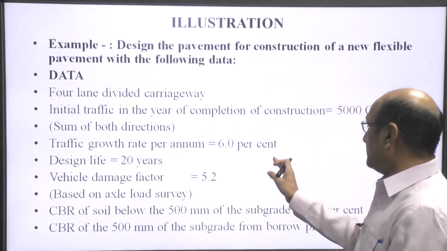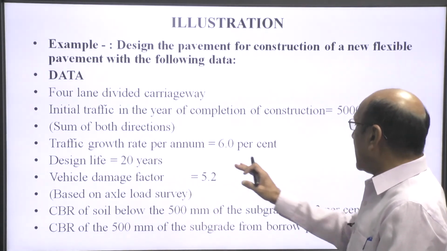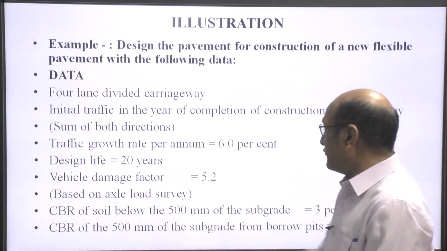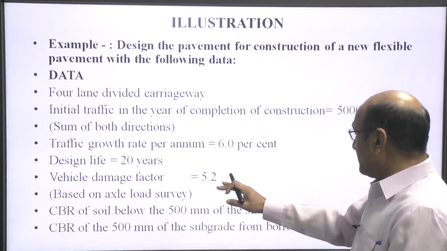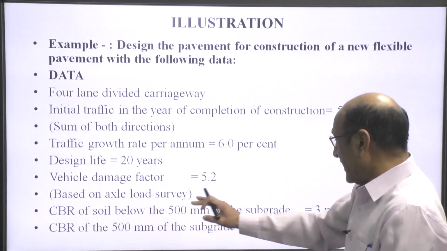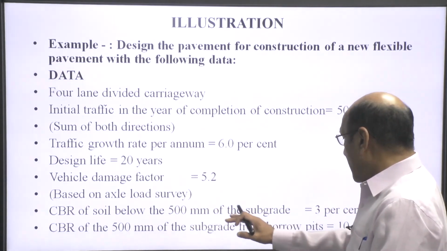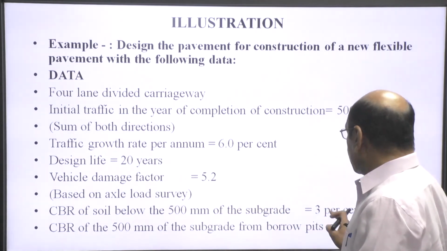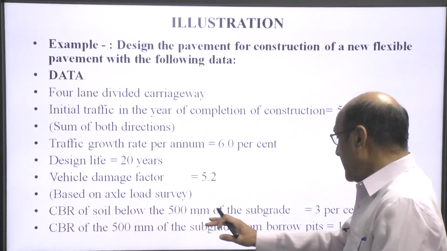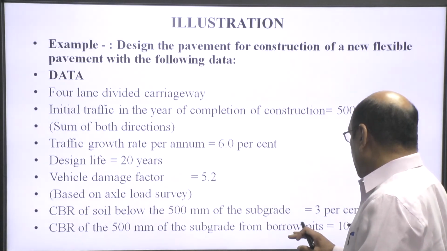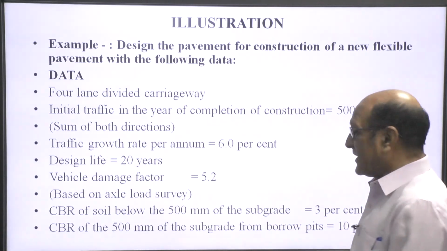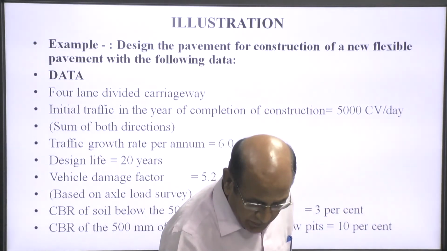The growth rate has been given as 6%, design life is 20 years, vehicle damage factor 5.2 based on the axle load survey, CBR of the soil below 500 mm subgrade is 3%, CBR of 500 mm of the subgrade from the borrow pit, means select soil, 10%.